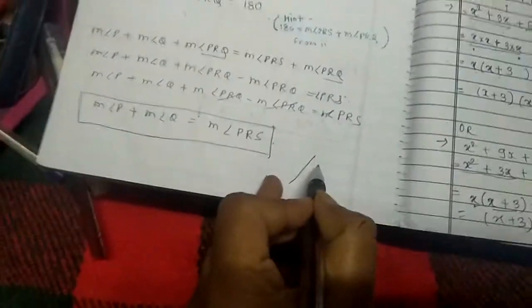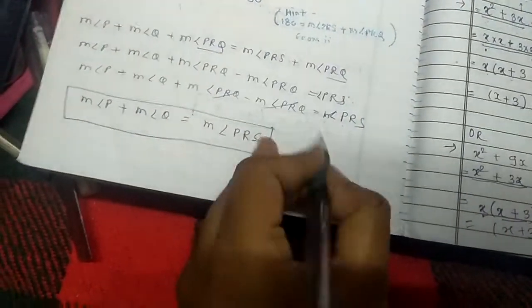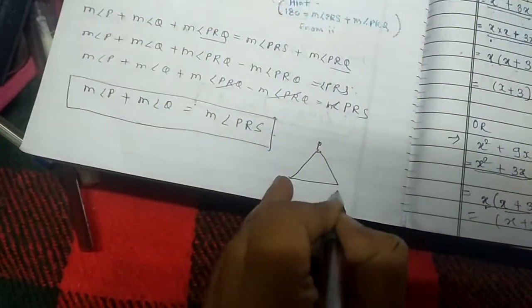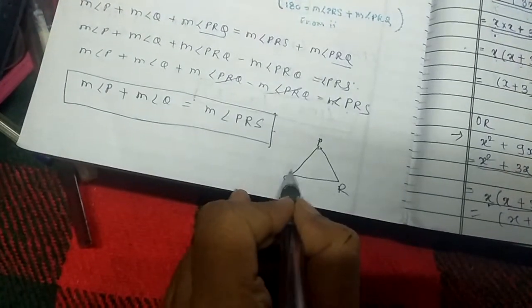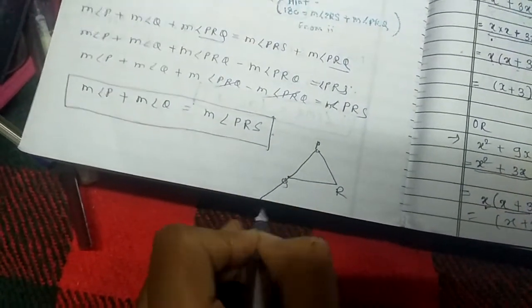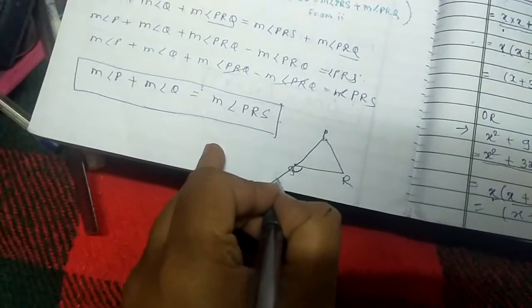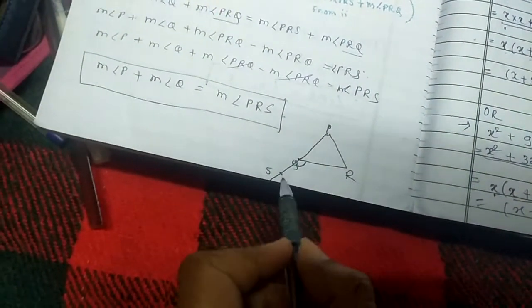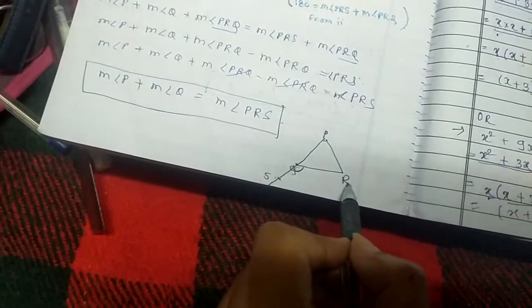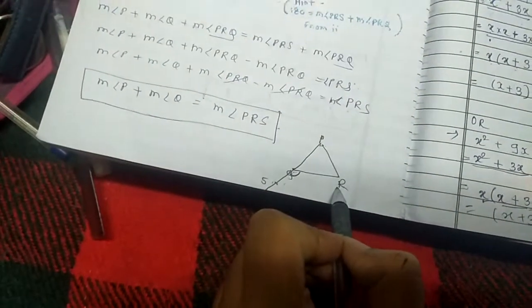Suppose you take the example of this triangle. This triangle's name is PQR. Now suppose you extend this PQ side. You will get the exterior angle at this point, and suppose here you give the name S. So SQR is the exterior angle of triangle PQR.